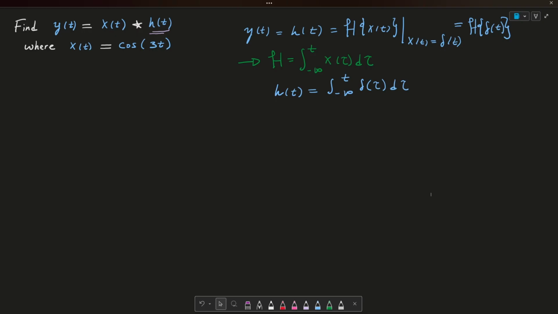And I'm going to go ahead and prove this. But essentially, this is the fundamental property of the Dirac delta function that says that the integral from negative infinity to t of the Dirac delta function is equated to this unit step function u of t. So you might ask yourself, why is the impulse response of this system basically the unit step function?